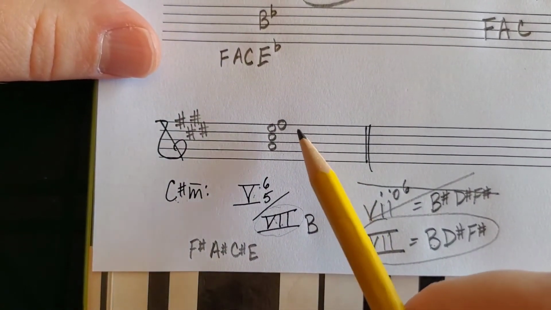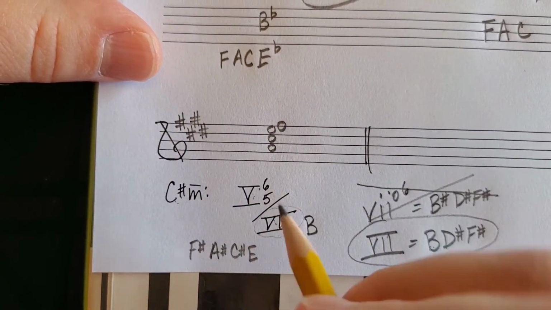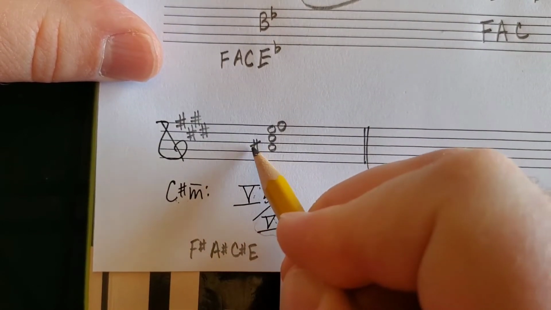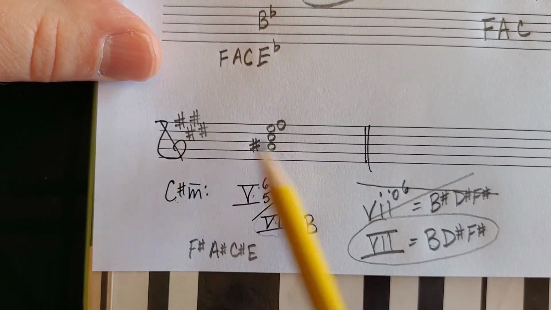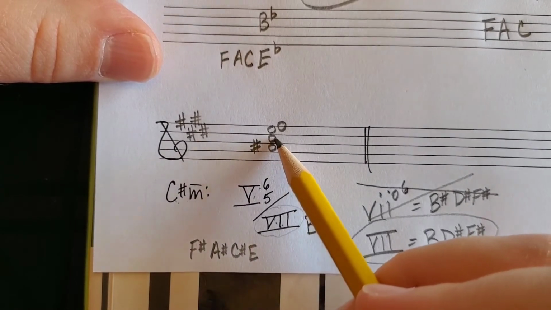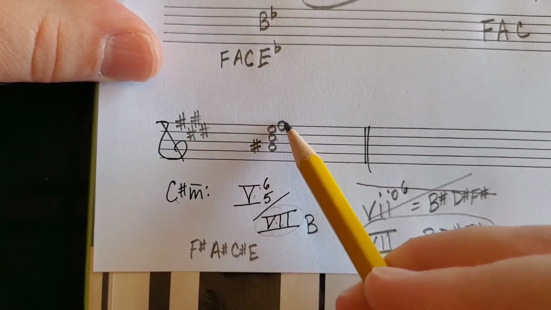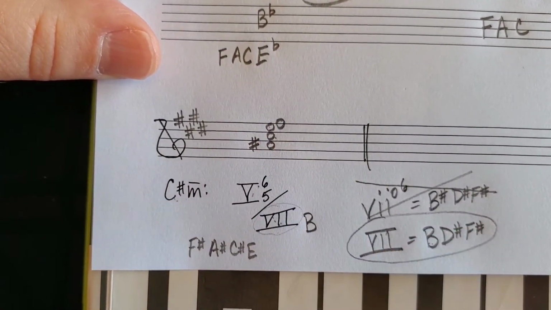Okay, now F sharp's already in the key signature. The A sharp has to be marked in. And the C sharp is already in the key signature as well. So F sharp, A sharp, C sharp, E.